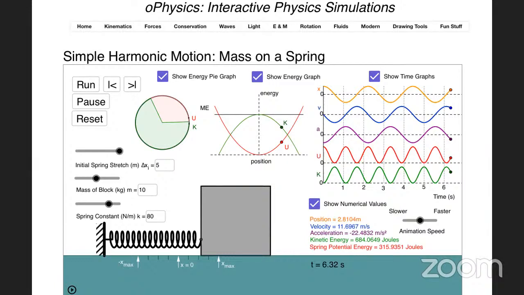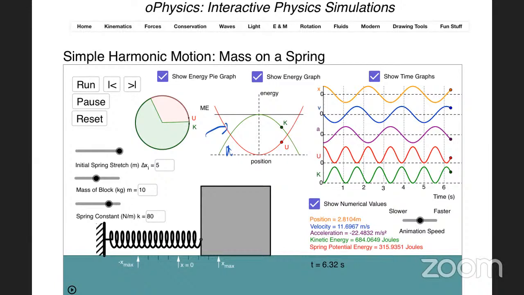Let me pause it. Press pause. K is kinetic, U is potential. You all see the energy graph? So we're getting the same energy graph, everybody okay with that?